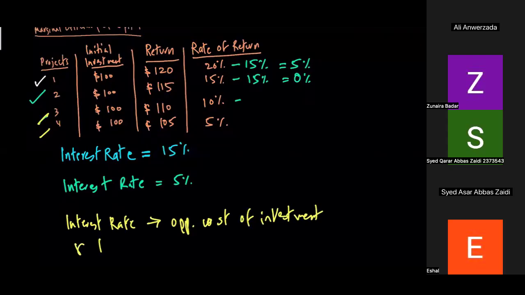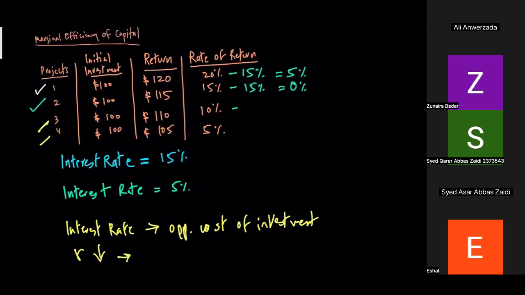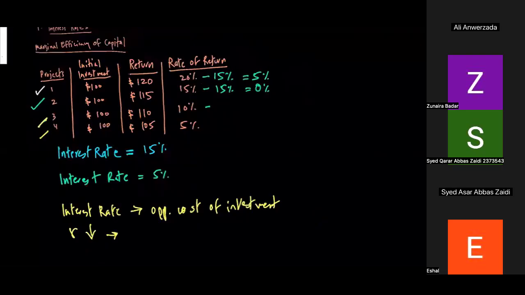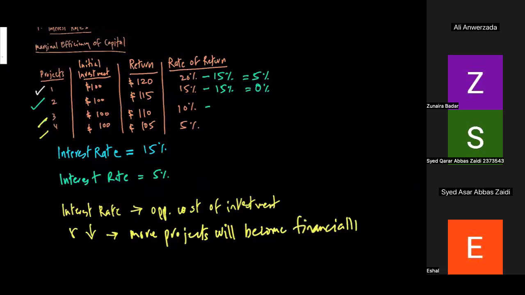When the interest rate goes down, the rate of return for these projects, which is like 20, 15, and 10, the lower the interest rate, more projects will become financially viable, right?